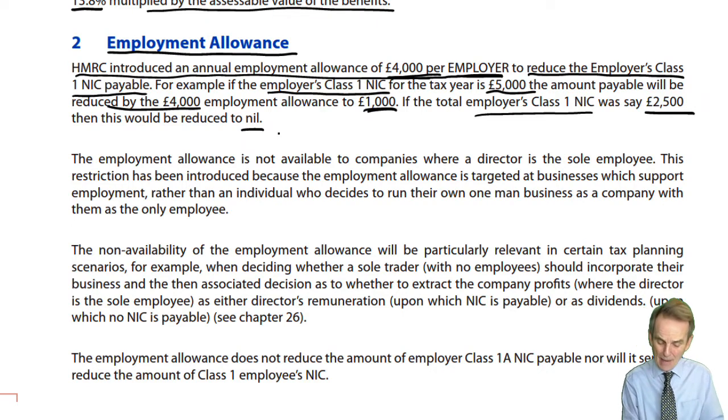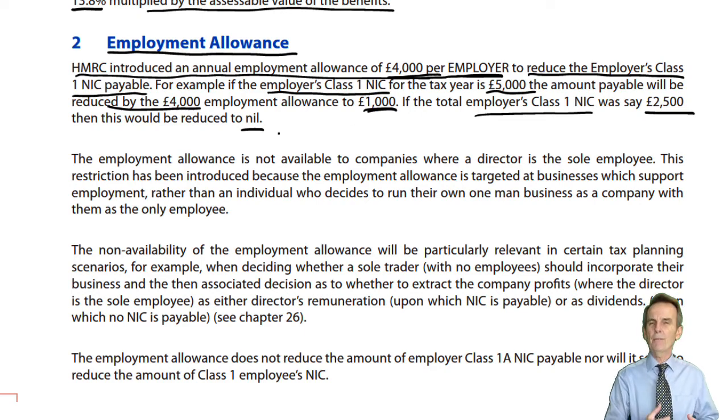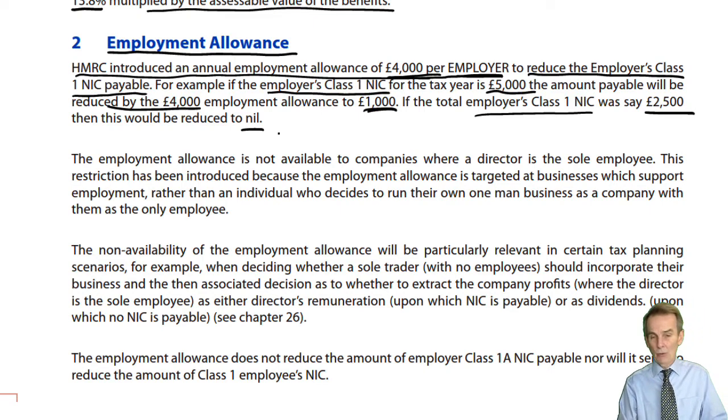But that is an important issue in terms of trying to remove what some smaller employers would say is the damage done, and another reason potentially not for taking on an extra employee. That therefore is taken away. So again, a sensible move on the part of the government. But all you've got to remember to do is, if you're looking at an employer, in most situations, there's one exception to this in a moment's time, then you can reduce that Class 1 employer's NIC by £4,000.